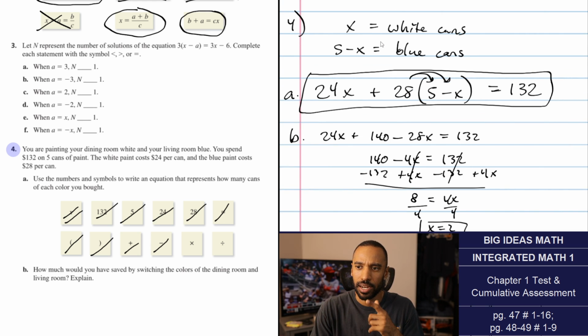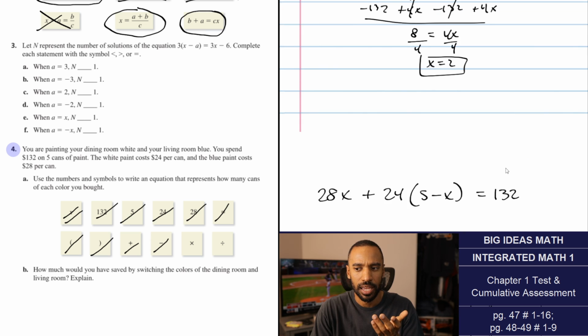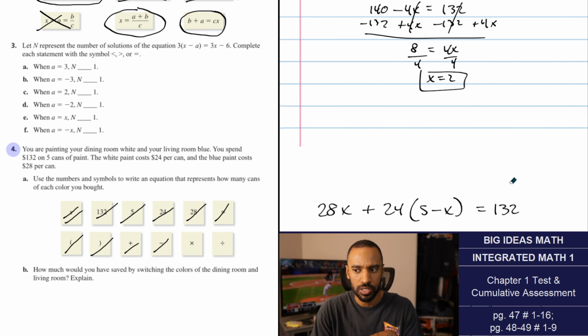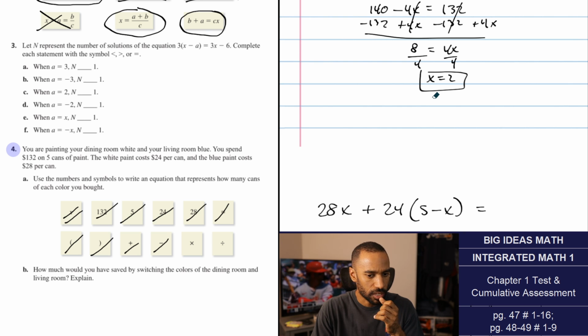When I do that, I'm saying how many cans I got. They still add to 132 no matter what. So am I not adding to 132 this time? Let me think about what that is. Maybe with X equals 2, we're not setting this equal to 132 anymore. We're saying using the same number of cans, switching the colors of the dining room. Let me think about that for one sec.